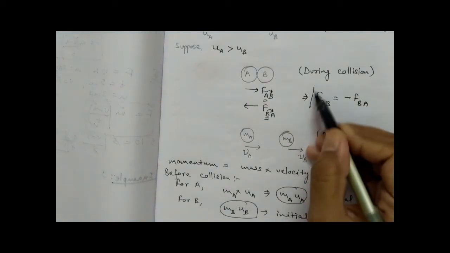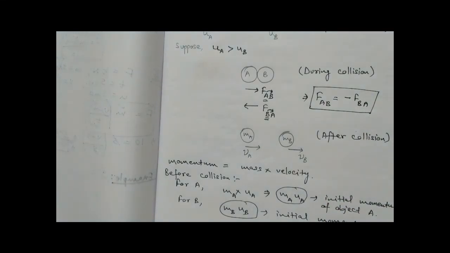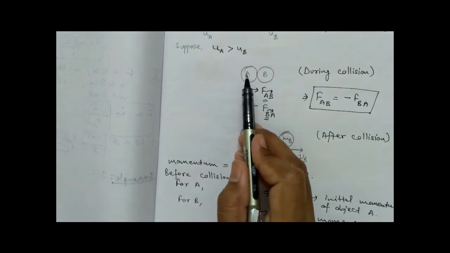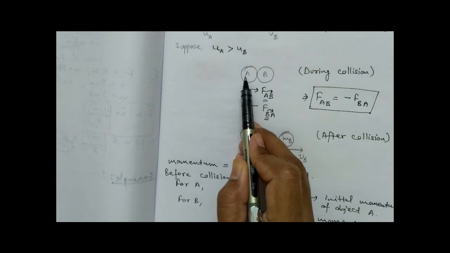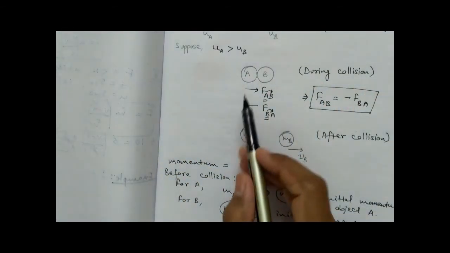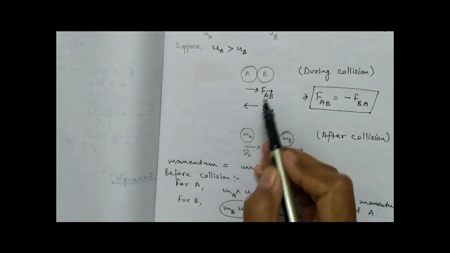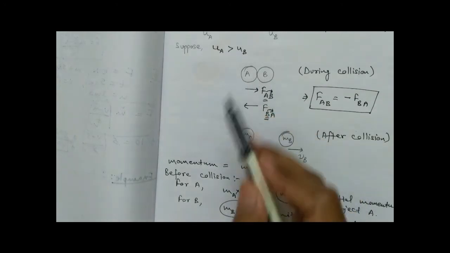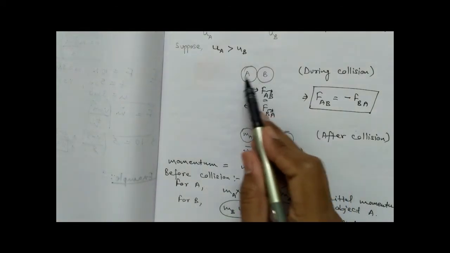What was the action? Action was that A has exerted force on B, because A was faster than B and both were moving towards the rightward direction. So A collided with B and exerted the force FAB. B in return exerted an equal amount of force on A.